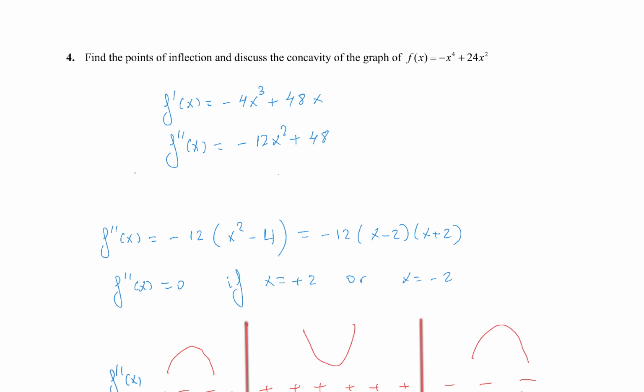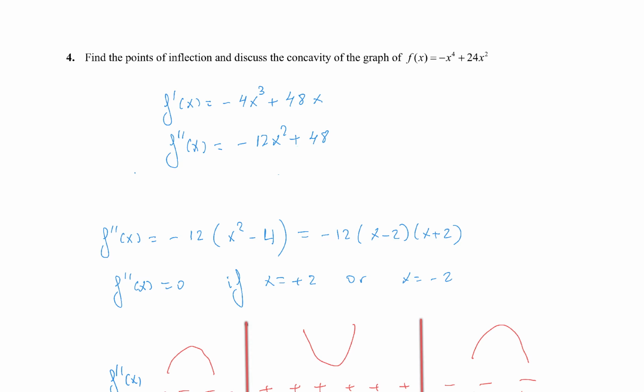So we find the second derivative, make it equal to 0, find the inflection points, and see to the right of the inflection points what the second derivative is, positive or negative. But in this case there is an x squared, so there are two solutions for the second derivative to be 0.